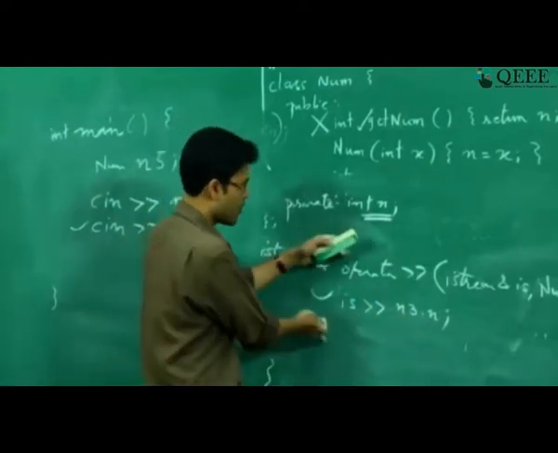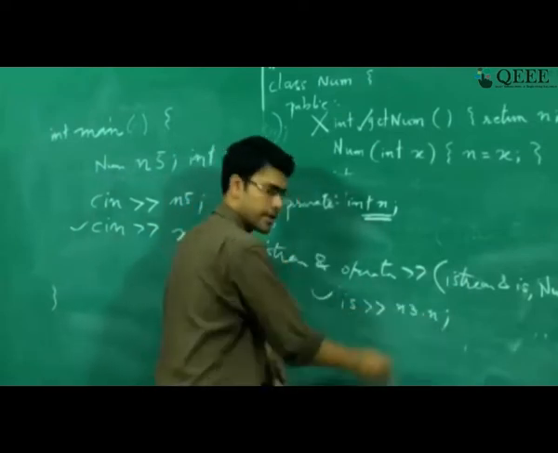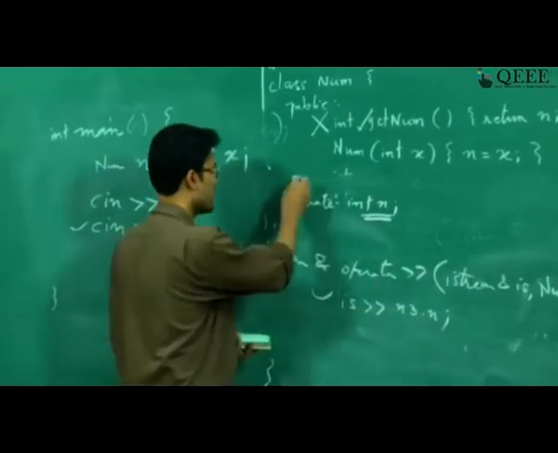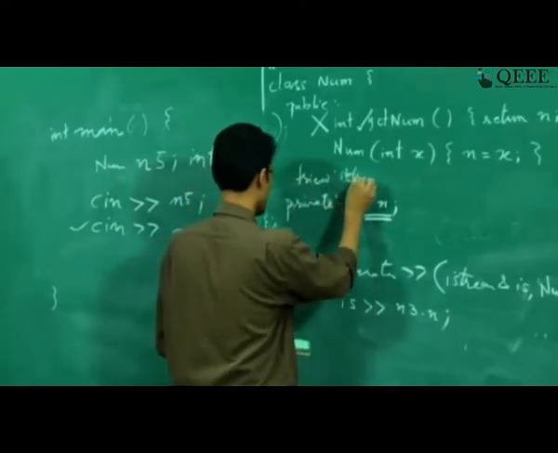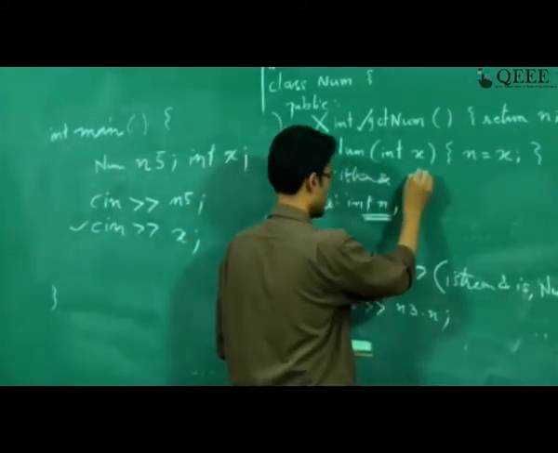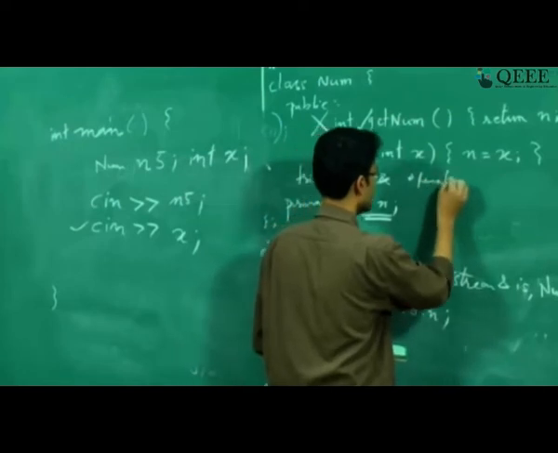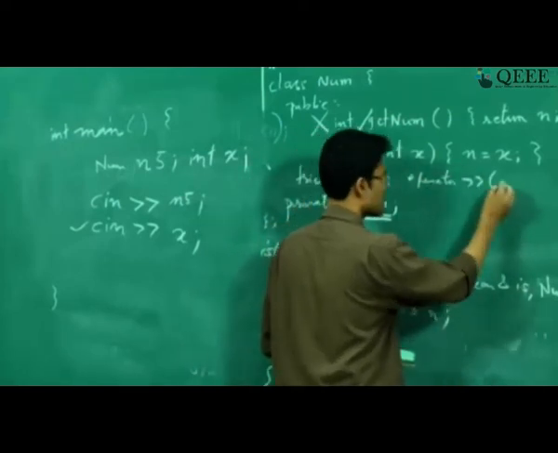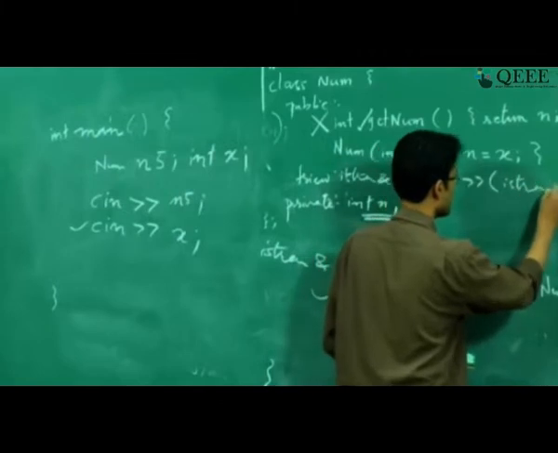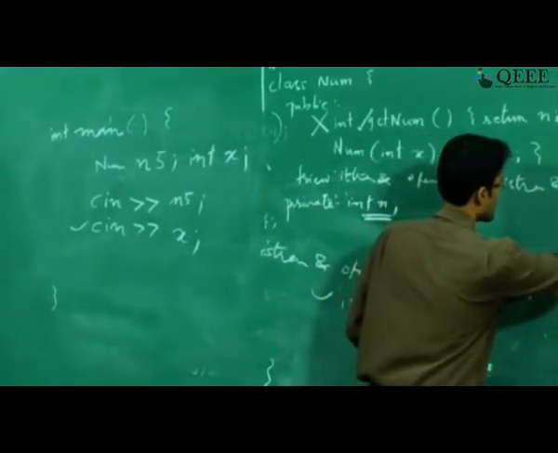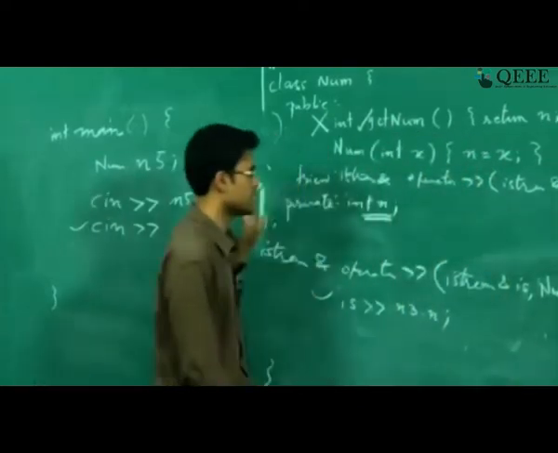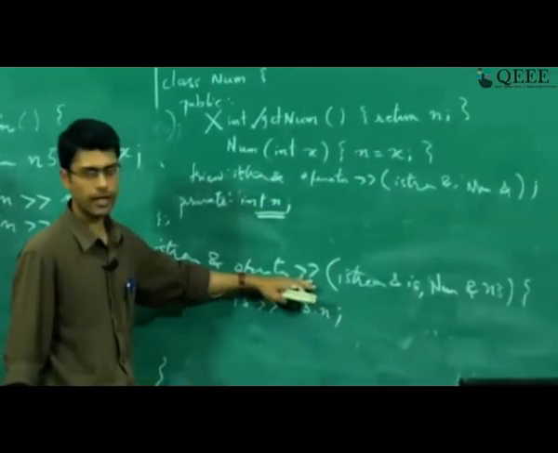But if you want this operator to be accessing the private variable, then we have to make it a friend function. So friend istream ampersand operator right shift, which takes istream ampersand as the argument plus num ampersand as another argument. This is the signature of the operator that we have defined outside.